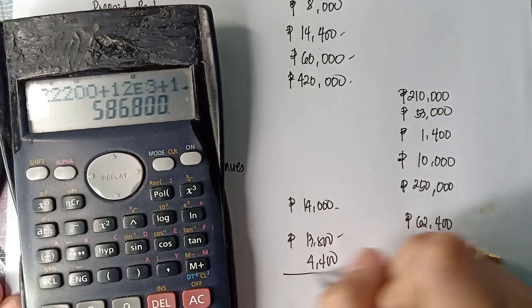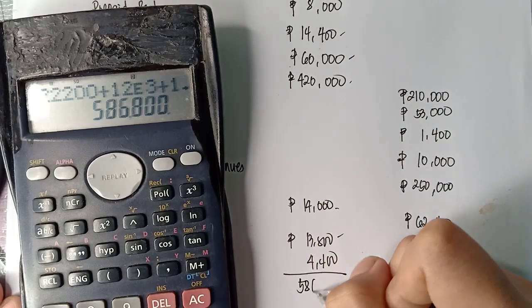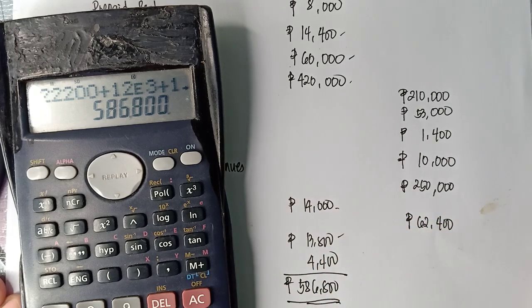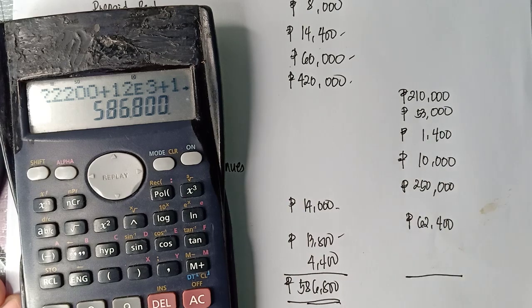So the total is 586,800. Let's expect that the credit side will be the same in order for them to be balanced.